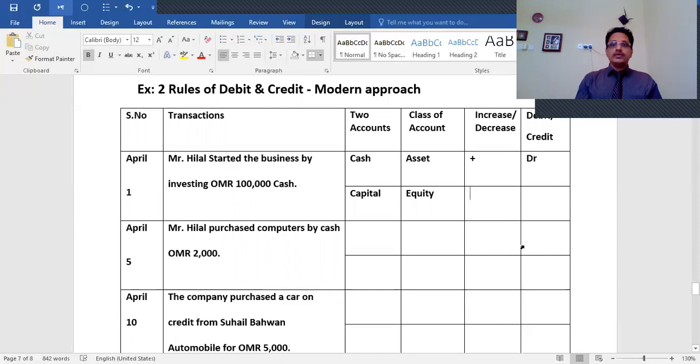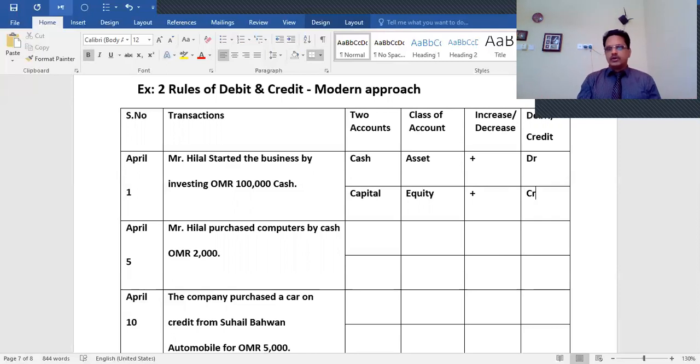And whenever your capital or investment increases, it will be credit, because you invest money in the business, so your rights in the assets of the business increase.